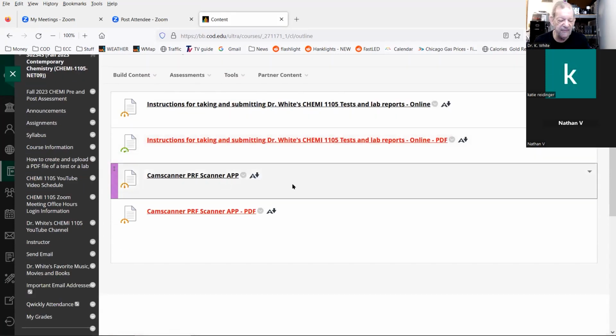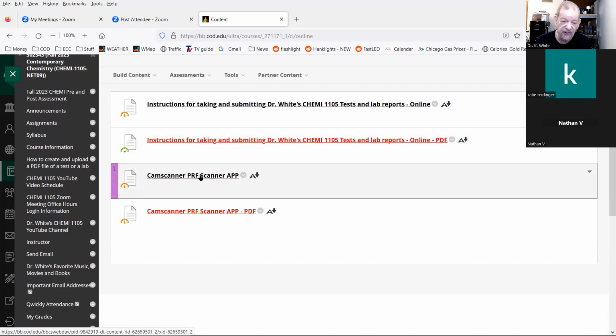I've gotten feedback. Since COVID started, I've been teaching on Zoom and online. Students have been using CamScanner, an app for your cell phone. Do not pay anything for CamScanner.